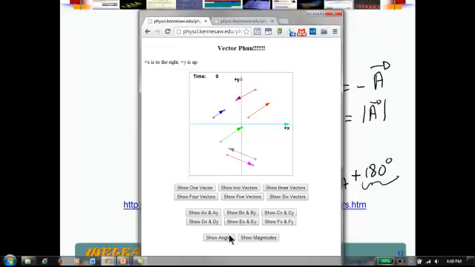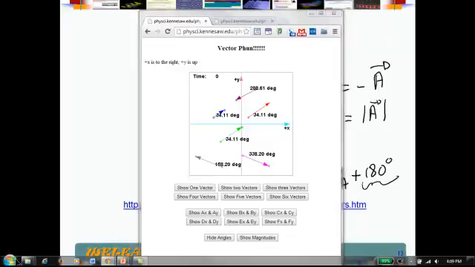One thing we can check is look at the angles. The angle for the gray vector is 158.2 degrees. If we add 180 degrees to that, we should get this one here, which is 338.2 degrees.